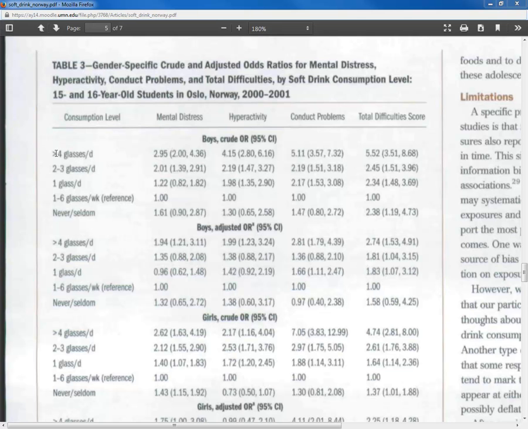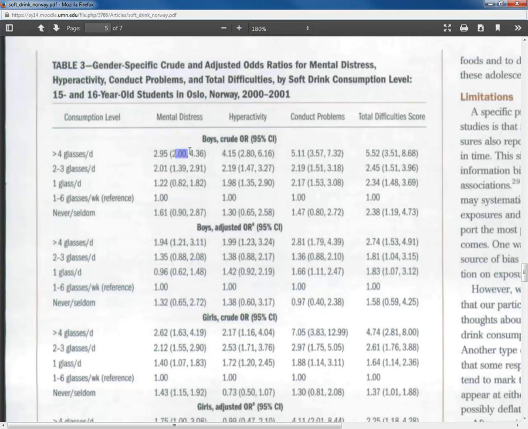So it's a lot of consumption per day. Somebody who's drinking more than 4 a day, relative to those that have moderate consumption, 1 to 6 glasses a week. The odds ratio for mental distress, the event being mental distress, is 2.95 times greater for the big consumers relative to 1 to 6 glasses a week.